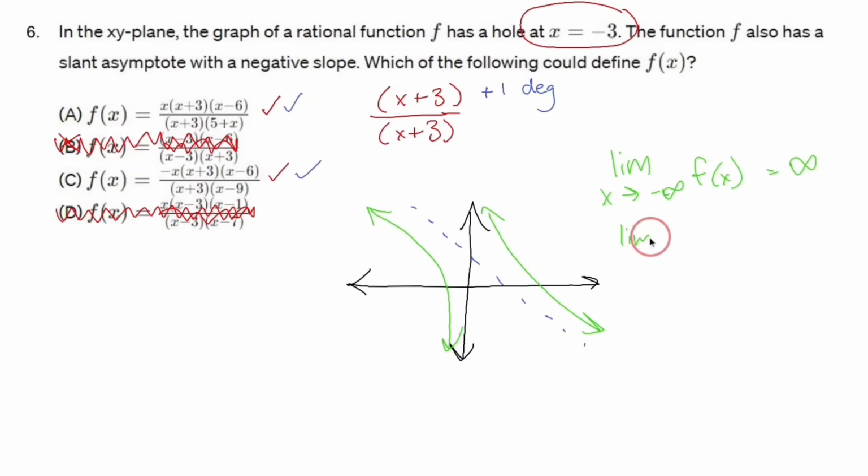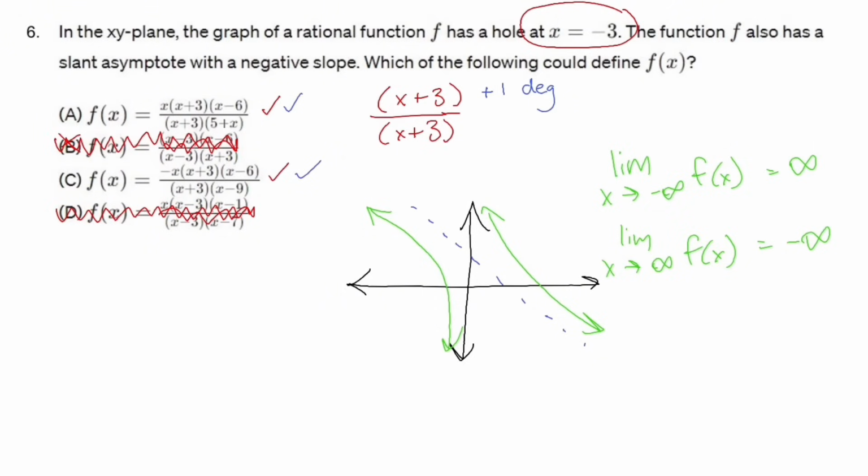When I figure out the limit as x approaches positive infinity of f of x, my fake problem, it looks like it's going down and to the right, which means it's approaching negative infinity. So what I need to do is take these and figure out which one has the end behavior where negative infinity goes to positive infinity and vice versa.